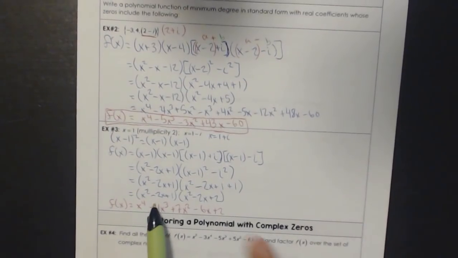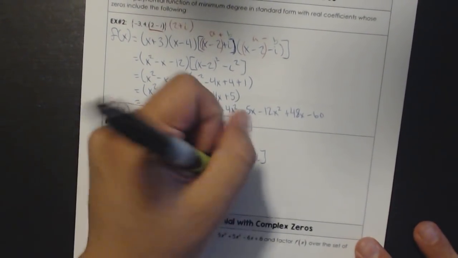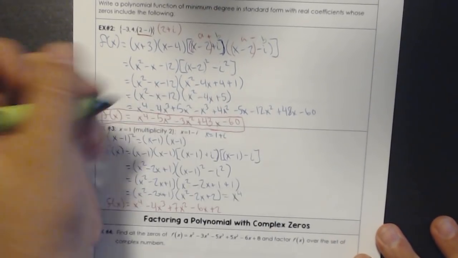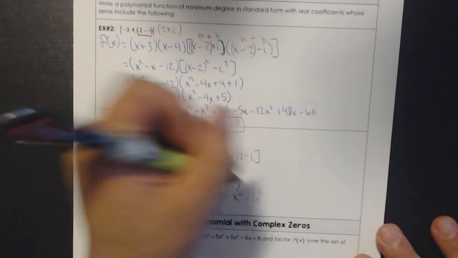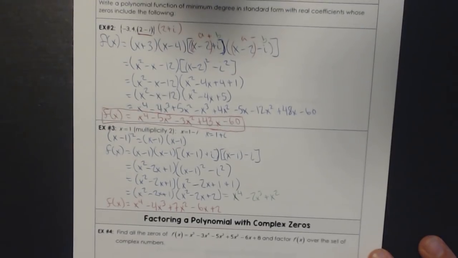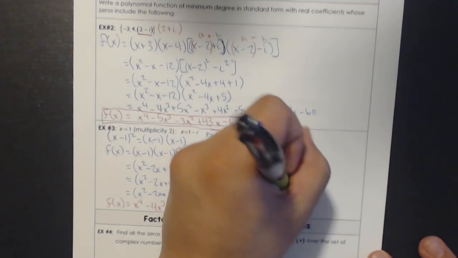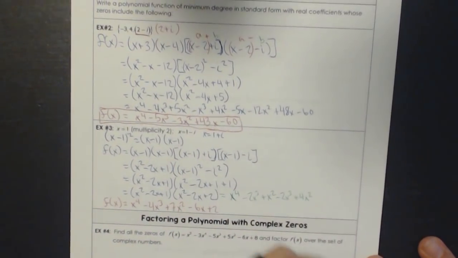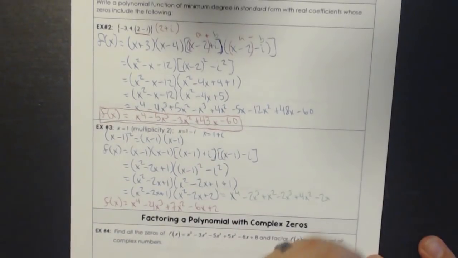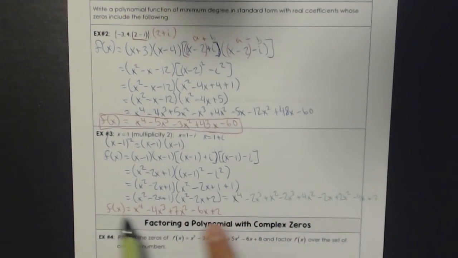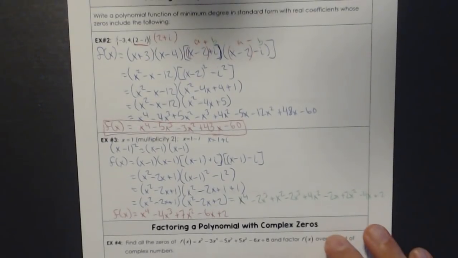Now there's a middle step here, and that middle step, let me just show you over here on the side, is x to the 4th minus 2x to the 3rd plus x squared minus 2x to the 3rd power plus 4x squared minus 2x plus 2x squared minus 4x plus 2. After I combine like terms, I get this answer down below, and this is my final answer.